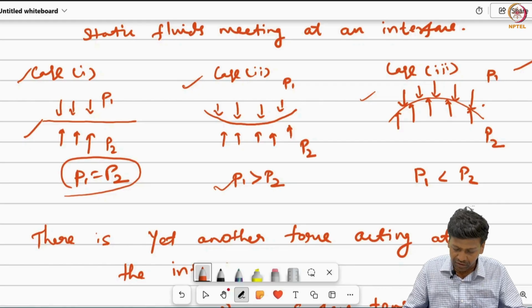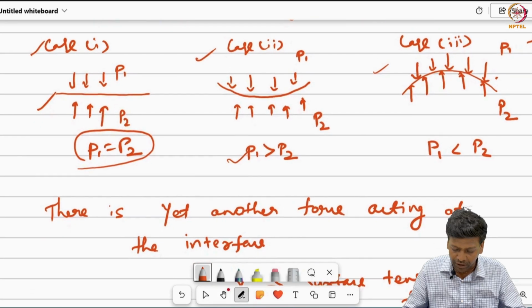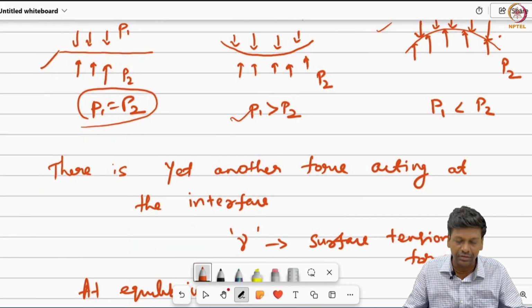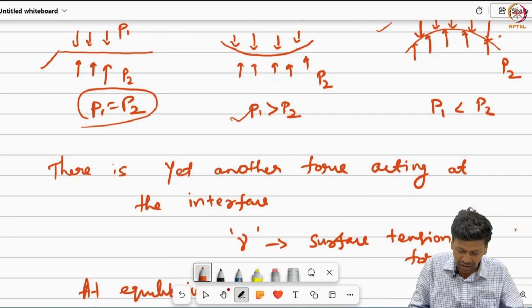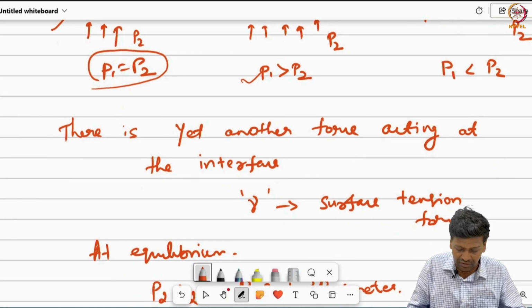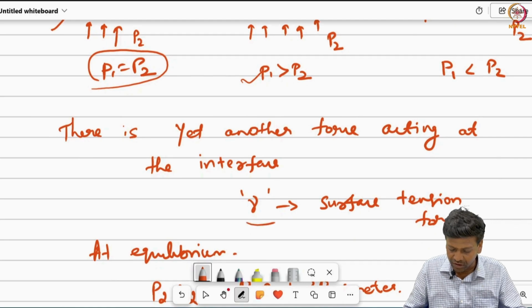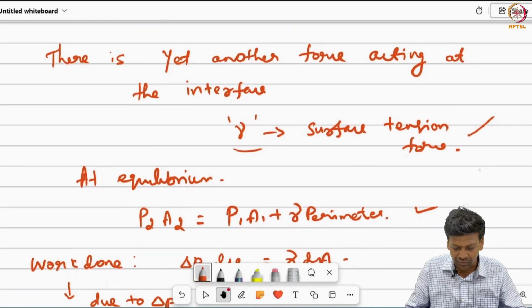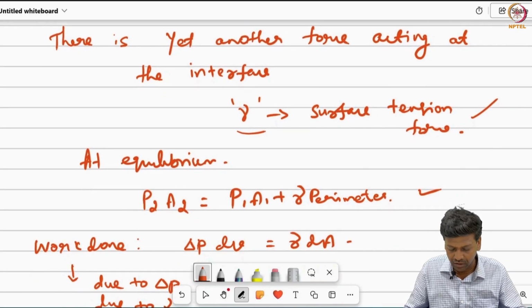But it is not only pressure forces that are acting on these surfaces; there is another force that also exists, that is gamma, which is the surface tension force acting at the interface.